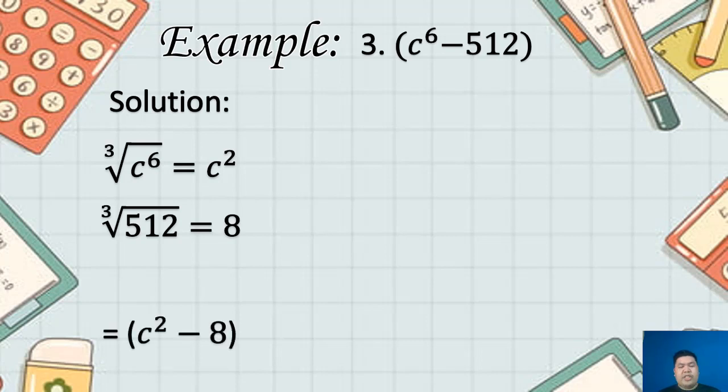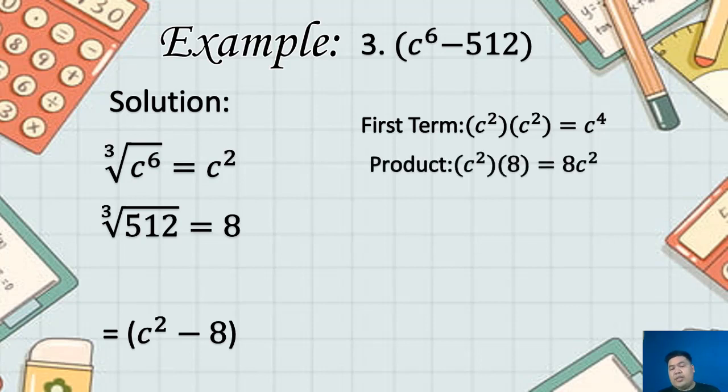In getting the trinomial, first square the first term, c squared. The square of c squared is c raised to 4. Then the product of the first and second, c squared and 8, is 8c squared. Then for the last term, just square it, so we get 64.